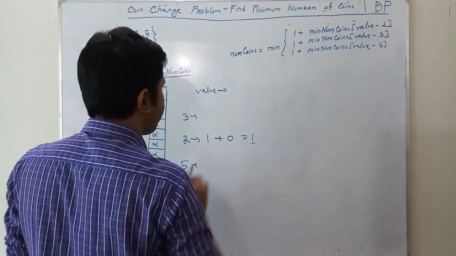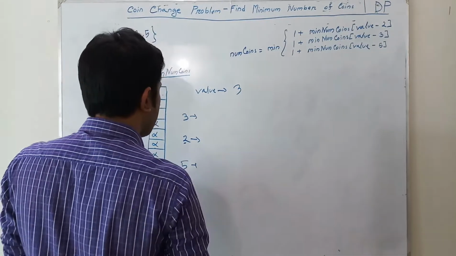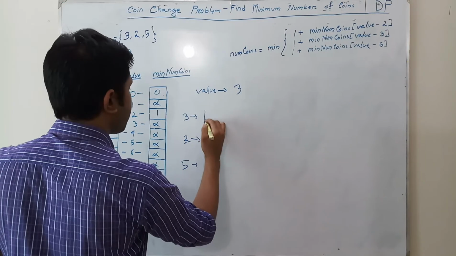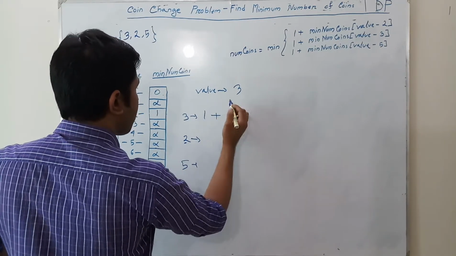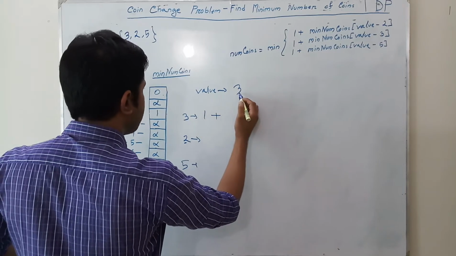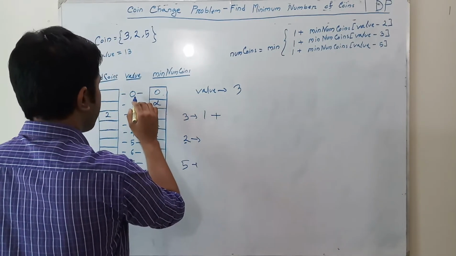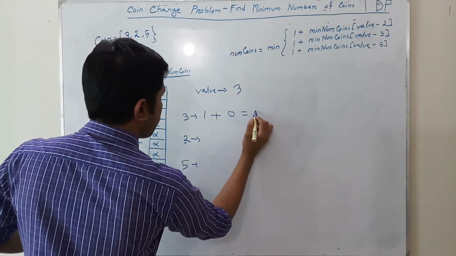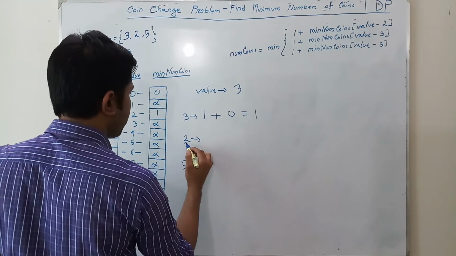Now when the value is 3, we can use the coin 3. After using the coin 3, the remaining value will be 0, and for value 0 the minimum number of coins is 0, so here the value will be 1. We can use the coin 2.